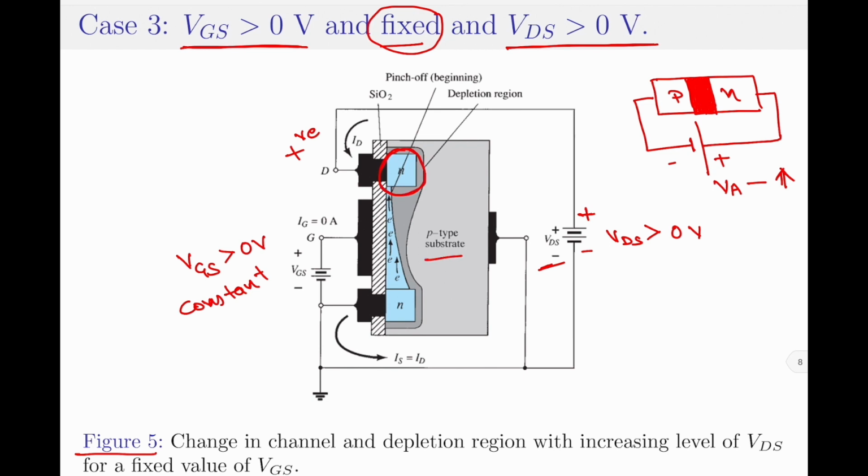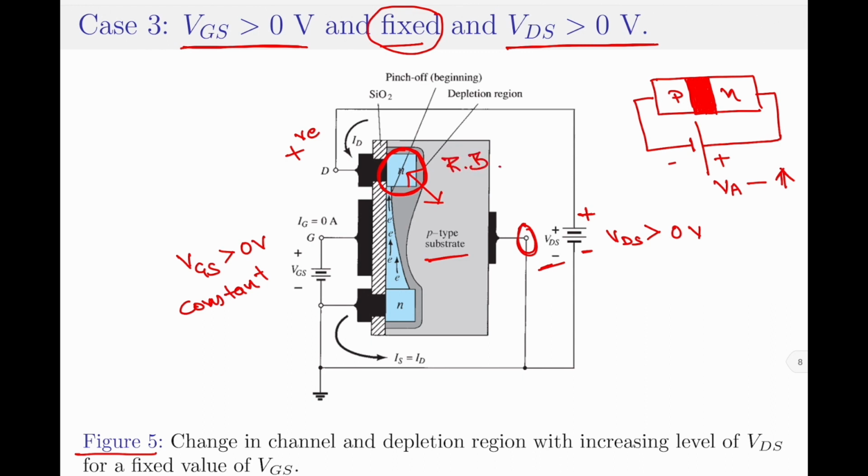If you now look at the p-type substrate, you will note that the substrate terminal is connected to the negative terminal of VDS. So, the N-type drain region is connected to the positive terminal of VDS and the p-type substrate is connected to the negative terminal of VDS. So, the PN junction between the N-type drain and the p-type substrate is reverse biased.